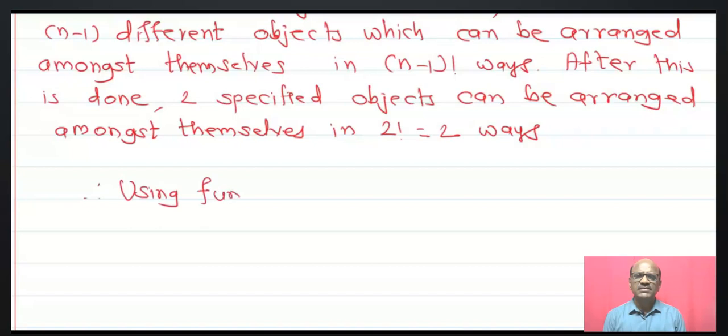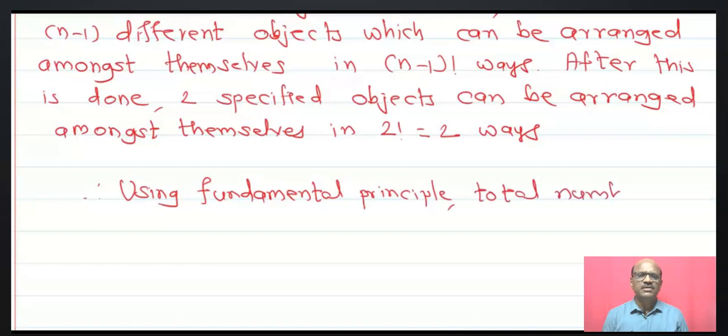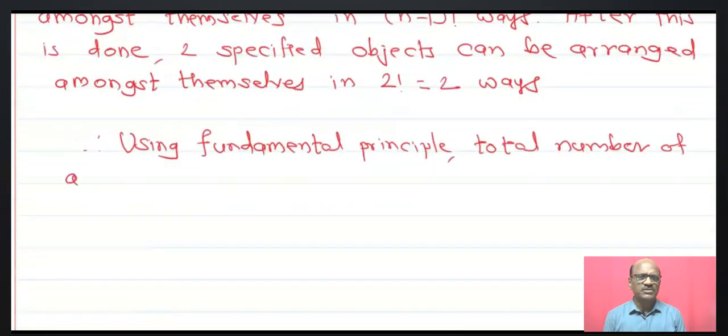Using the fundamental principle, we take the product of these two terms.